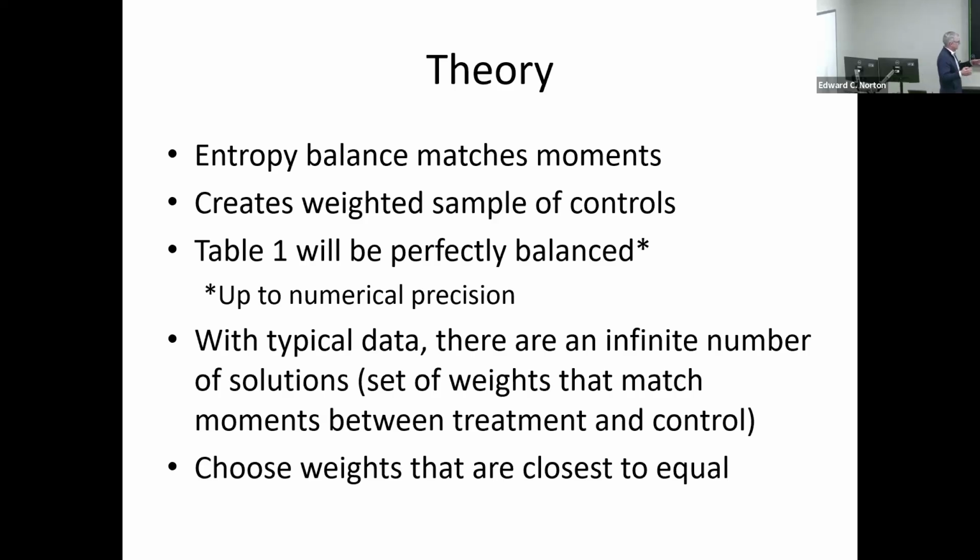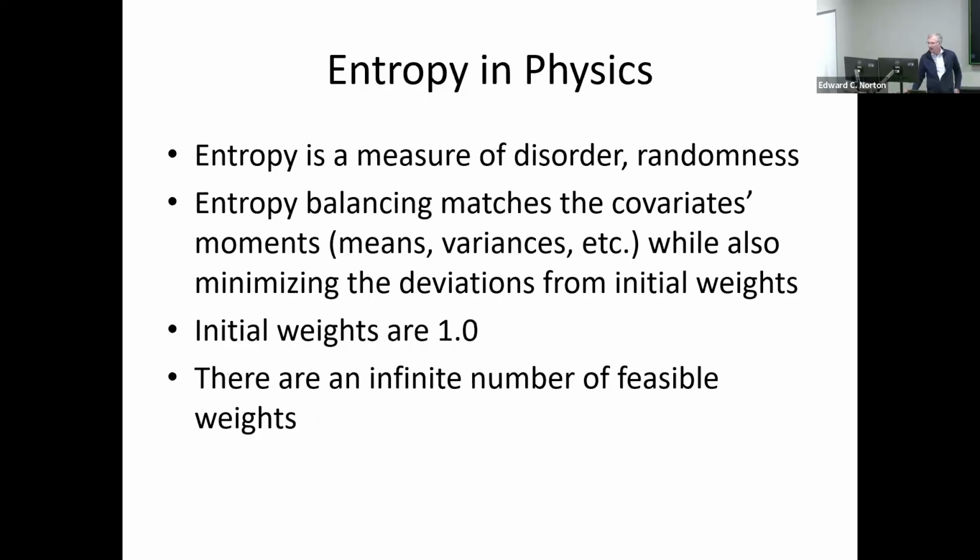And also, typically there are an infinite number of combinations of weights that will have that nice property. So among all of those possible weights that get us what we want, we're going to choose the weights that are closest to equal, closest to 1, 1, 1, but are typically off from that a little bit.